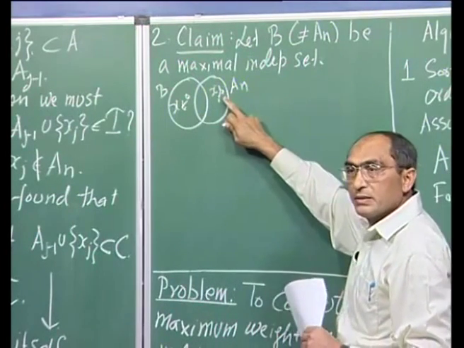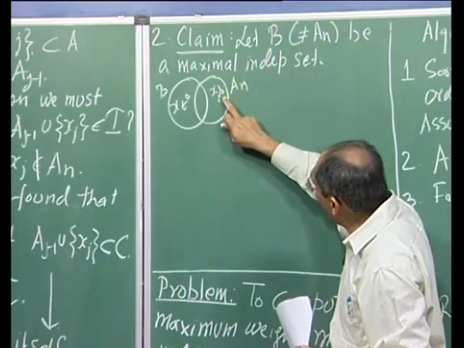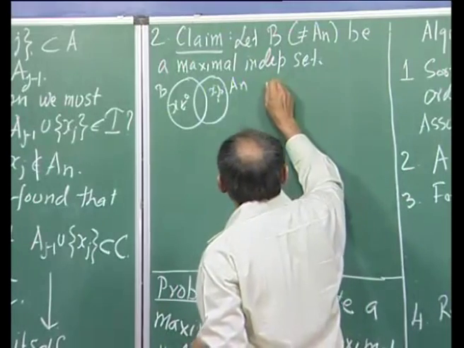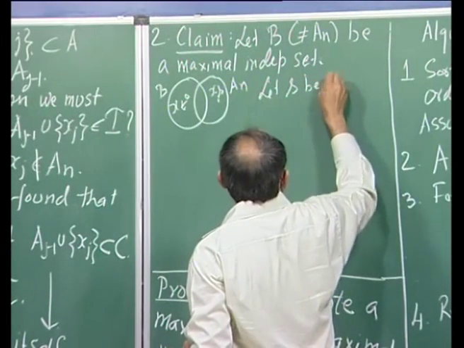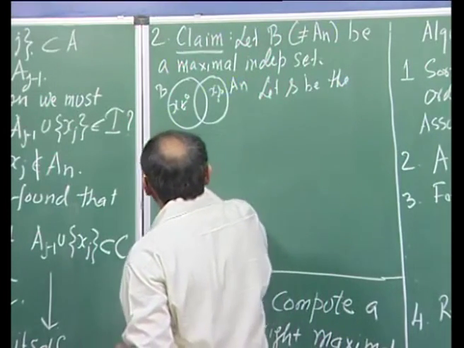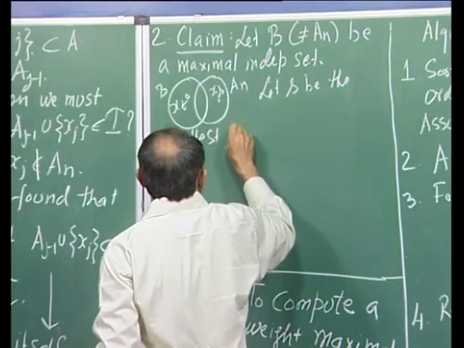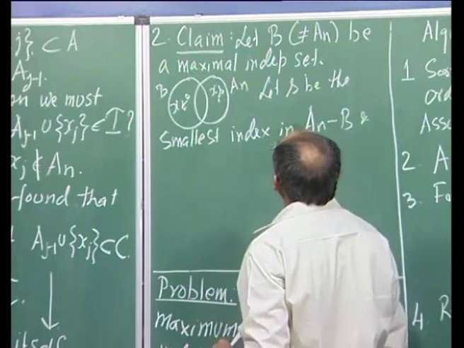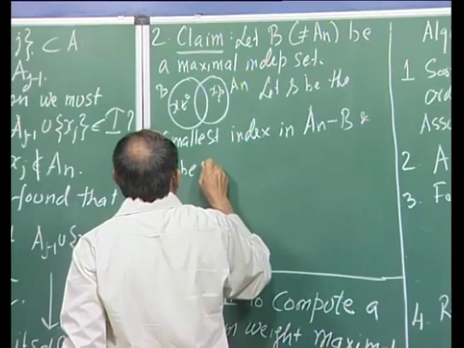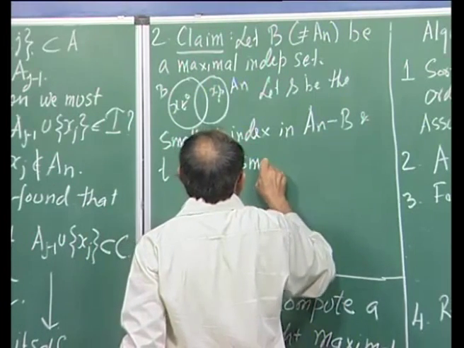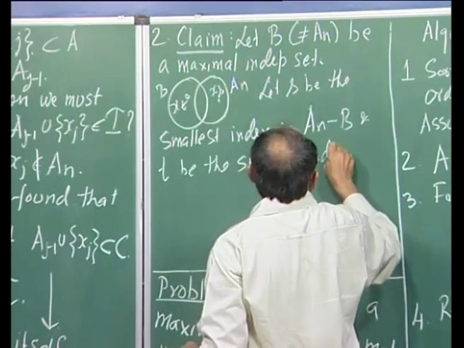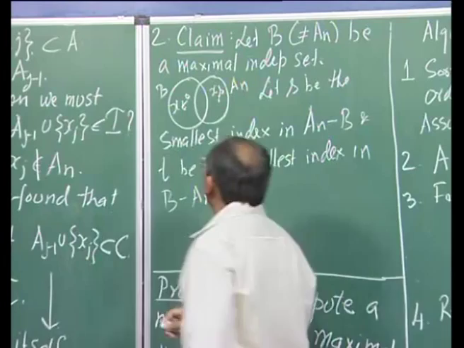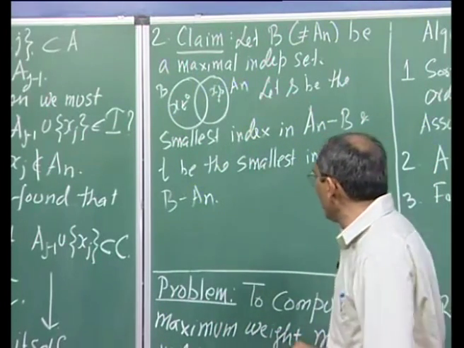Let S be the smallest index of the elements in A_n minus B, and T be the smallest index in B minus A_n.